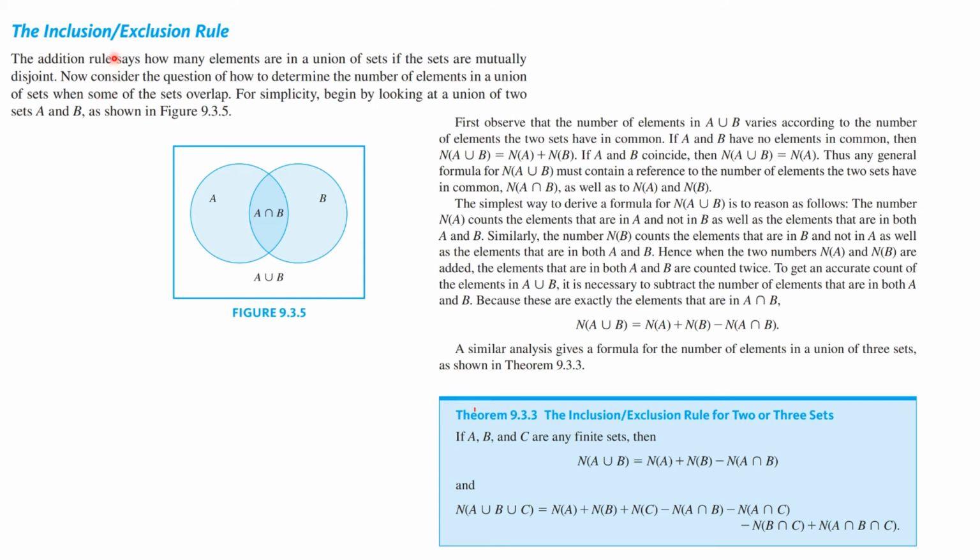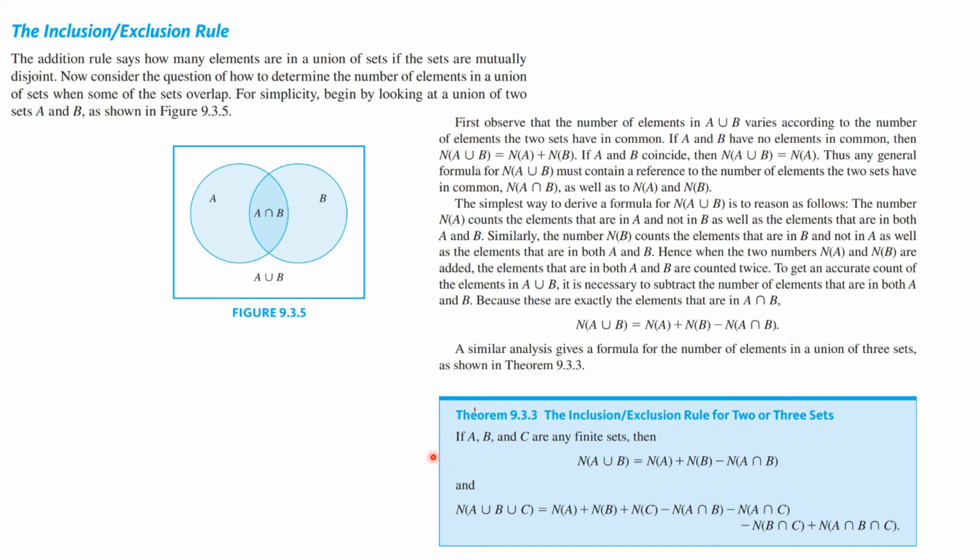Let's move on to something perhaps tamer than that, or at least not as computational. It's called the inclusion-exclusion rule, and it is important. Basically what it's saying is, if you have A and B and the overlap, if you take the number of things that are in A and the number of things that are in B and add them together, they're not disjoint in this picture, and that means you have to subtract off where they overlap because that was double counted.